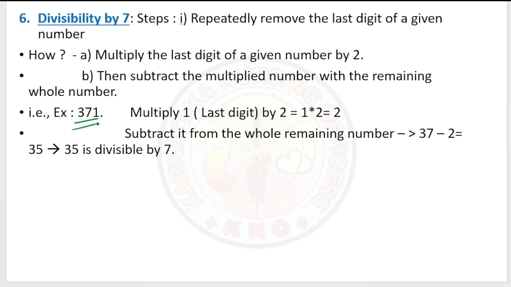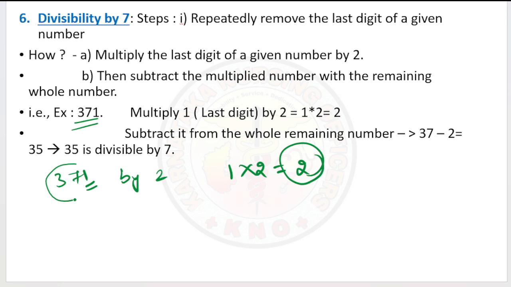For example, I have considered 371. So multiply the last digit of the number by 2. That gives 2. And the second step is to subtract the multiplied number from the remaining whole number.